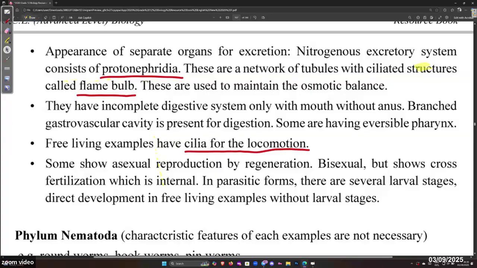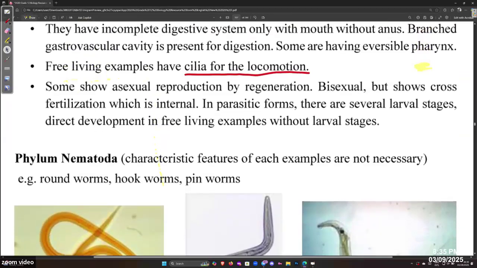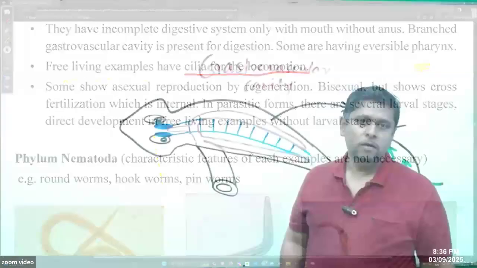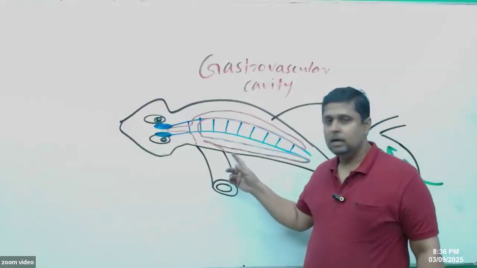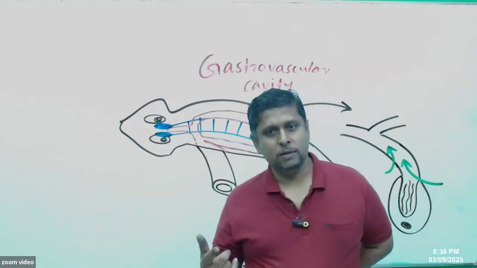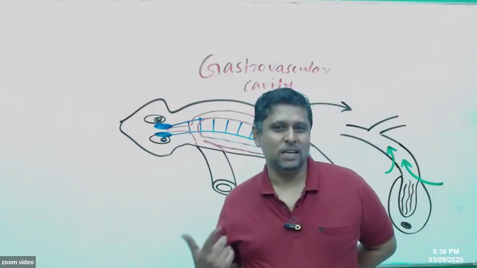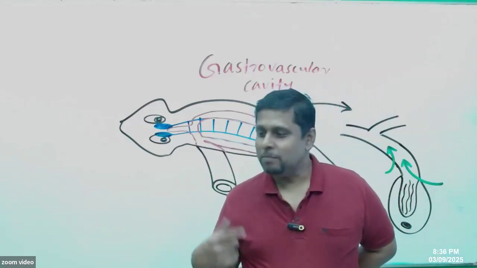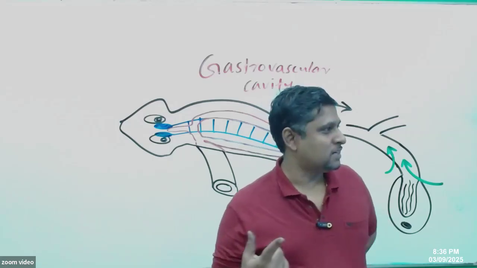And then asexual reproduction by regeneration. Bisexual but shows cross-fertilization. Now we can see that these animals are bisexual. All of them are bisexual. None of them are unisexual. So in Platyhelminthes, that's a special feature.